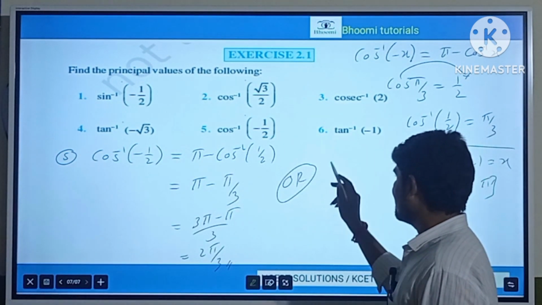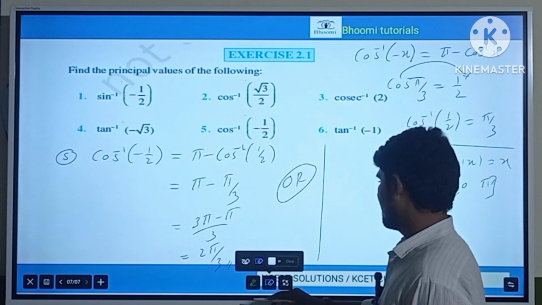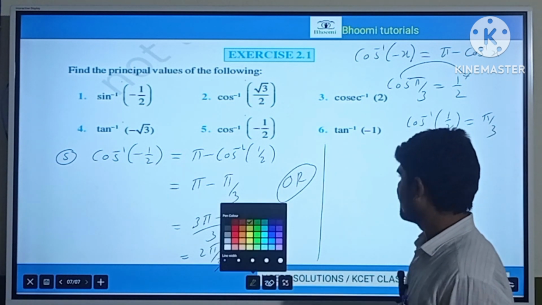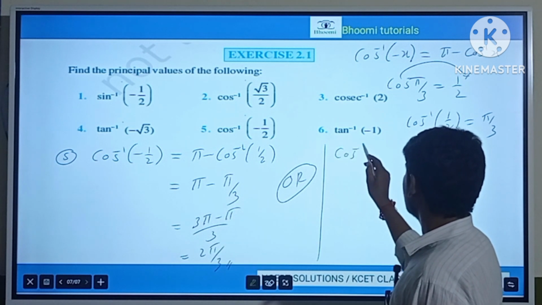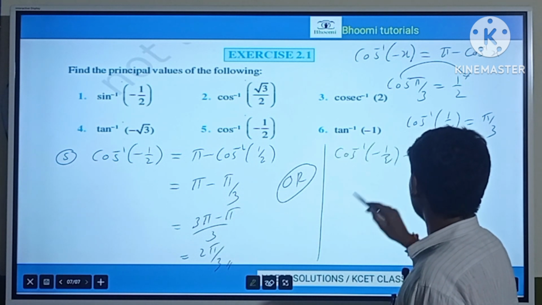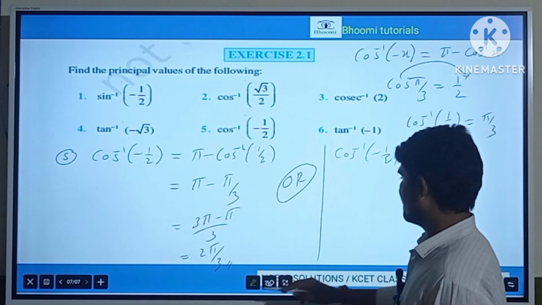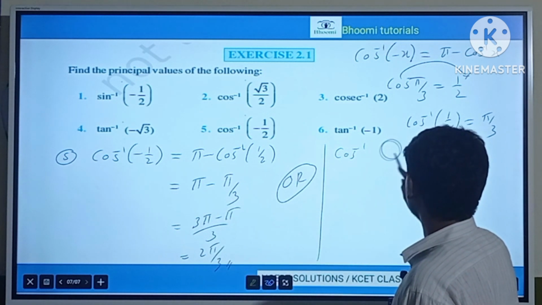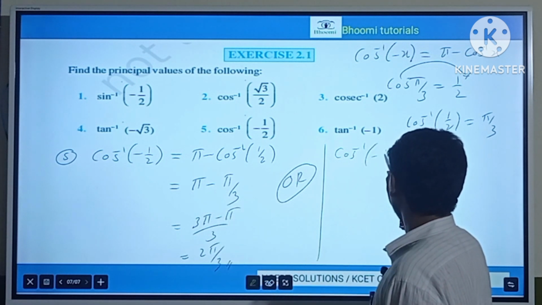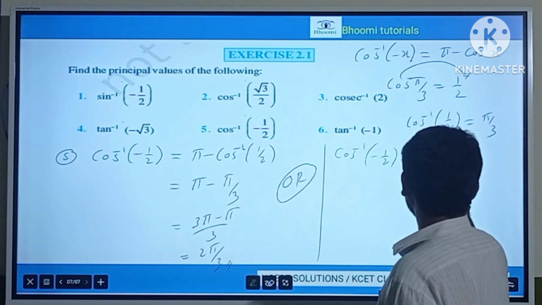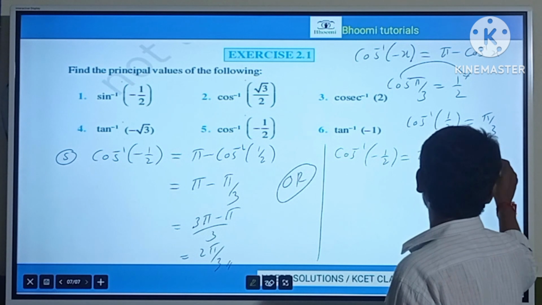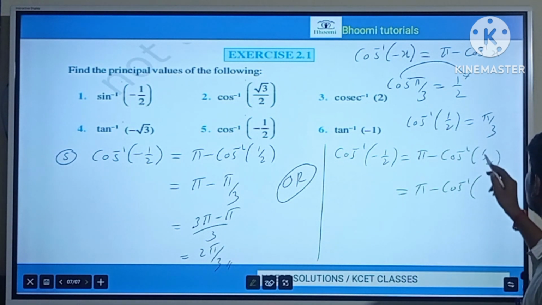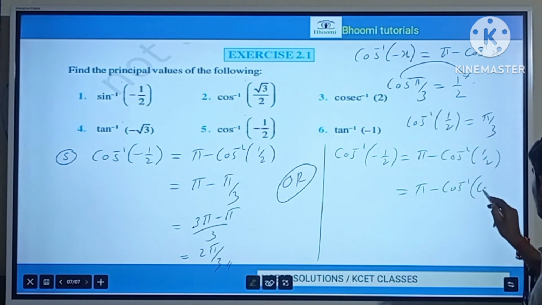So the cos inverse of minus 1 by 2 can be written as pi minus cos inverse of 1 by 2, which is pi minus cos inverse of cos pi by 3.